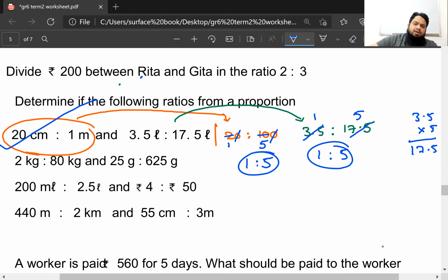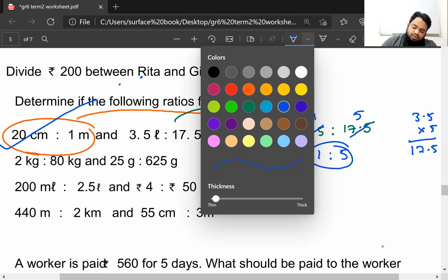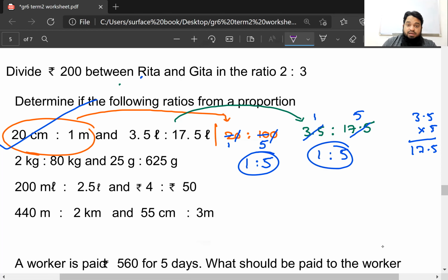Find the simplest form of the ratio, and then you will understand whether it is proportion or not. See, 2 kg to 80 kg. 2 is to 80, both are in kgs. 2 ones are 2 and 2 forties are 80, so it is 1 is to 40.